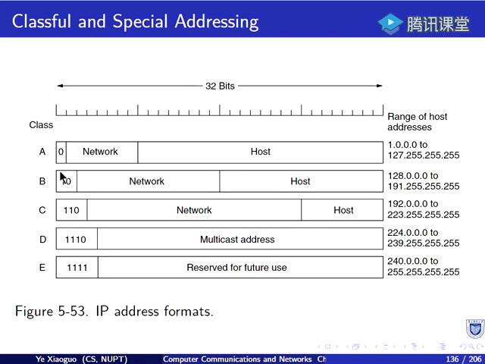Class B has 1 0 as the topmost 2 bits. C is 110, D is 1110, E is 1111.